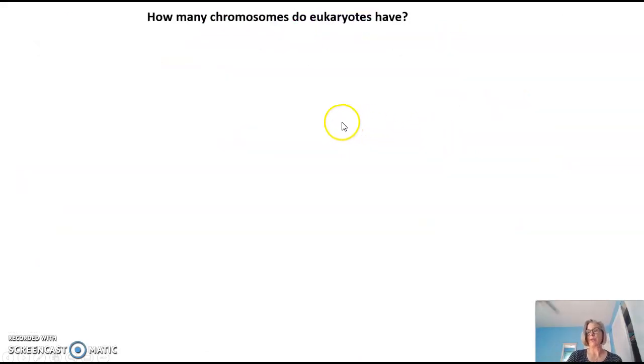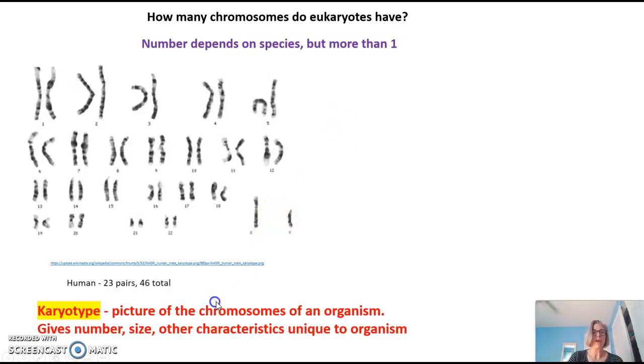So how many chromosomes do eukaryotes have? Well, it depends on the species, but it's always more than 1. A karyotype is a picture of the chromosomes in an organism, and it gives the number and the size and some other characteristics unique to the organism. This is a picture of a human karyotype.